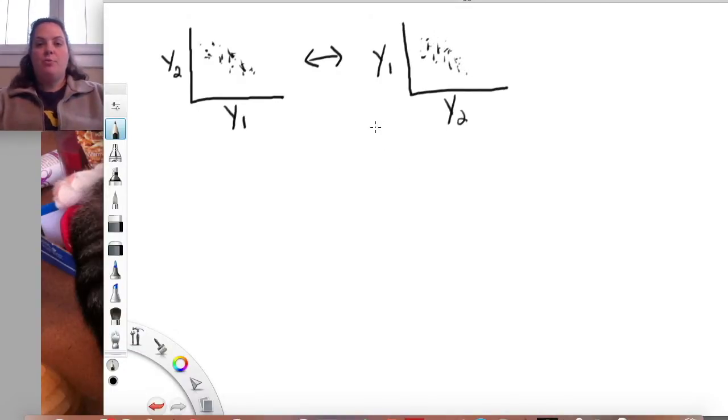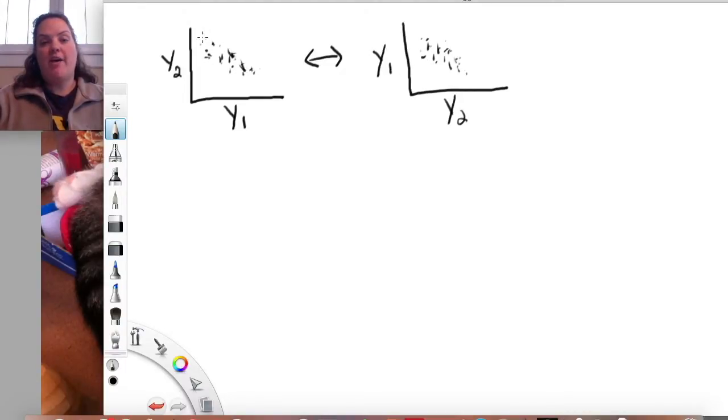Alright, so these two may look like the same figure, and in fact they are. The only difference is we've switched the axes where the dependent variables were. So here we have our second dependent variable on the y-axis, our first dependent variable on the x-axis, and here we've just switched this around.